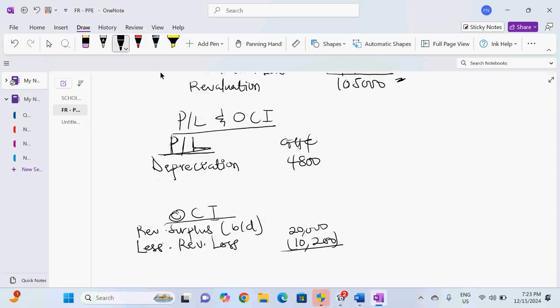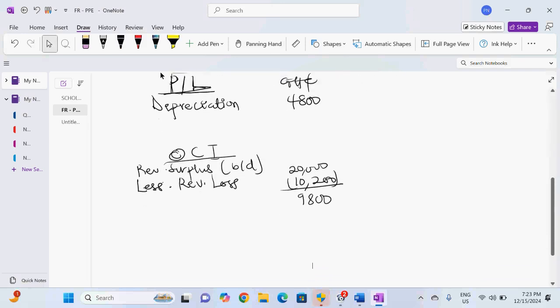What do you have as a balance? 9,800. So now this 9,800, that will be the OCI.